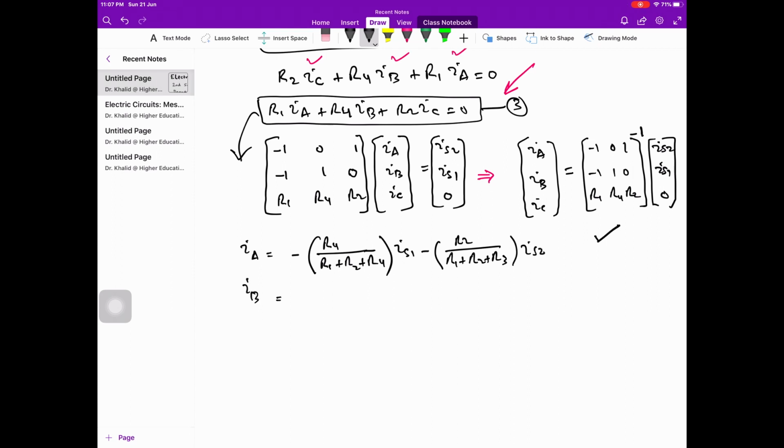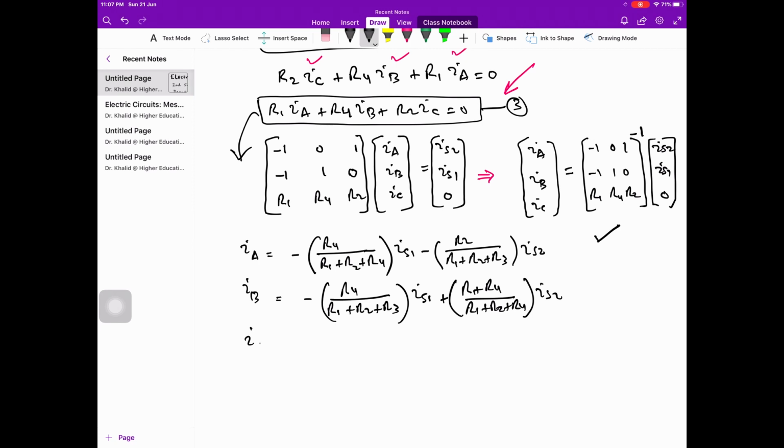IB is minus R4 divided by R1 plus R2 plus R4 times IS1, and R1 plus R4 divided by R1 plus R2 plus R4 times IS2.